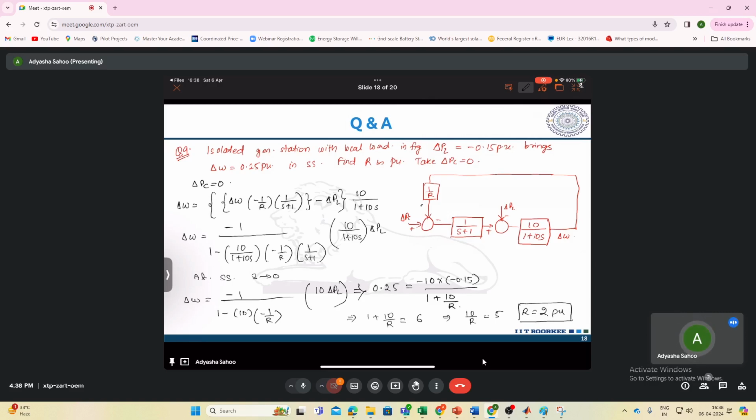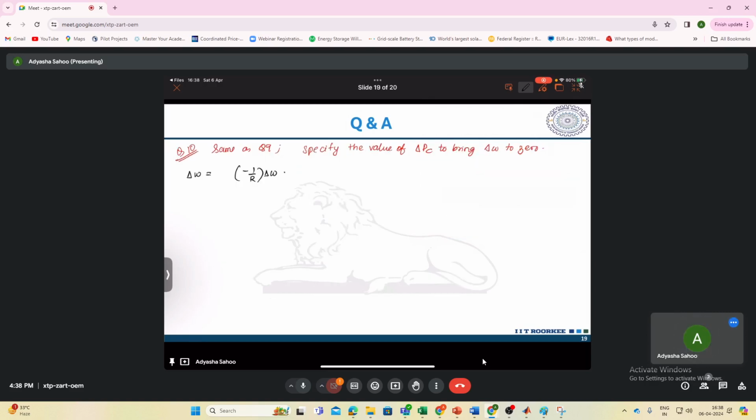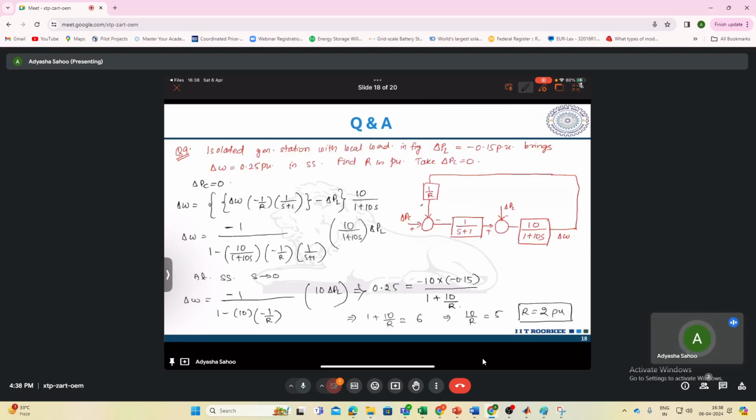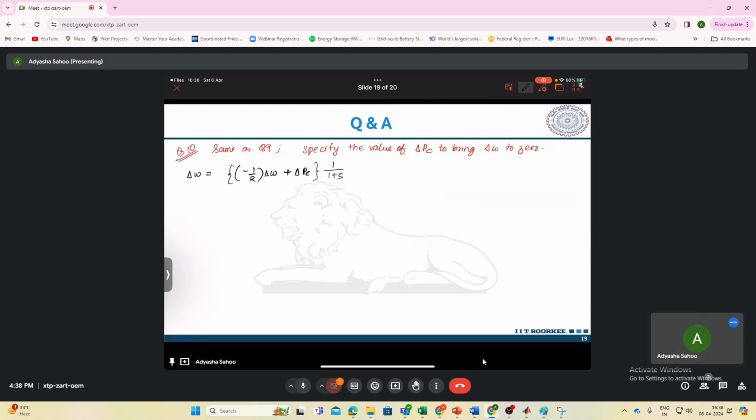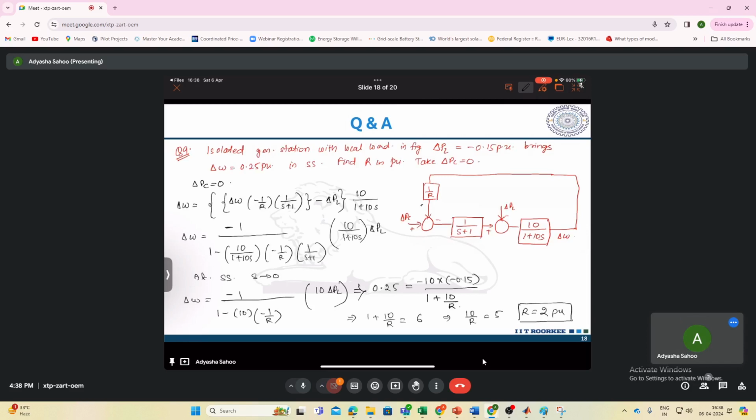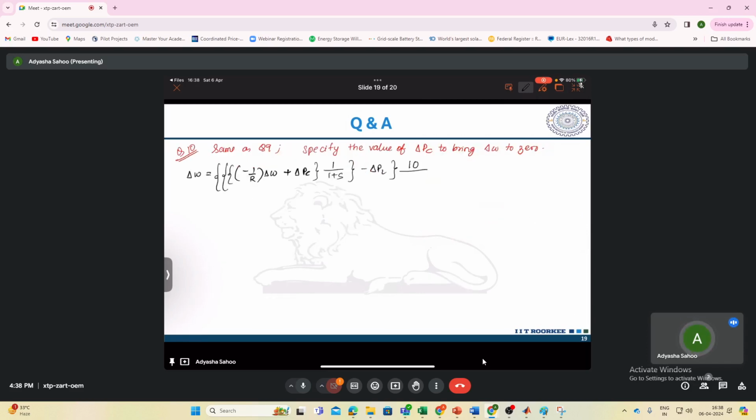Now plus delta PC will come here, plus delta PC into 1 by 1 plus S. So you are here now minus PL, minus PL whole into 10 by 1 plus 10S.